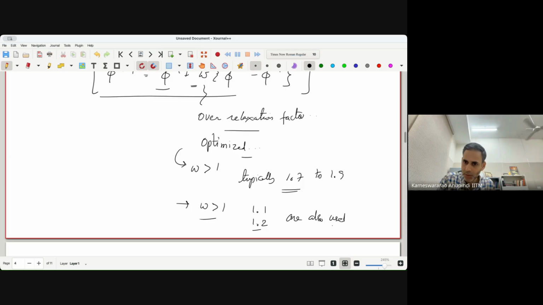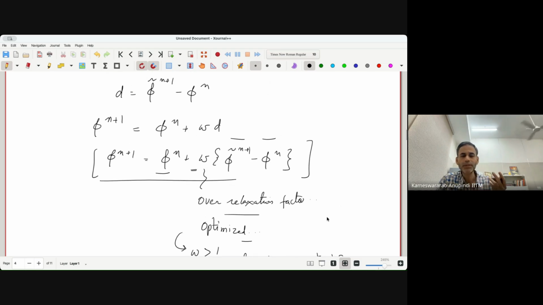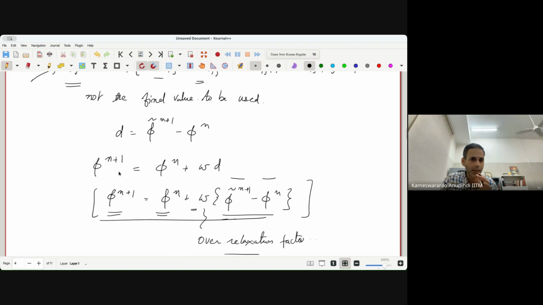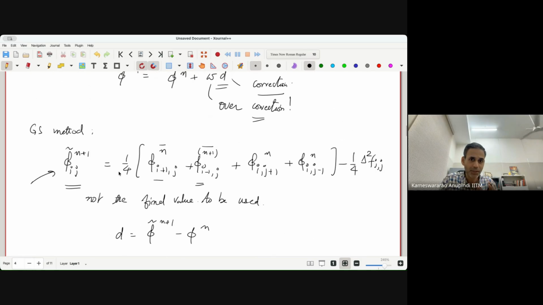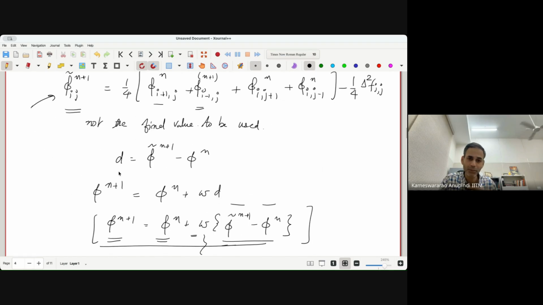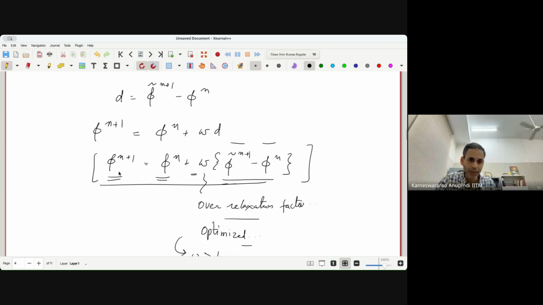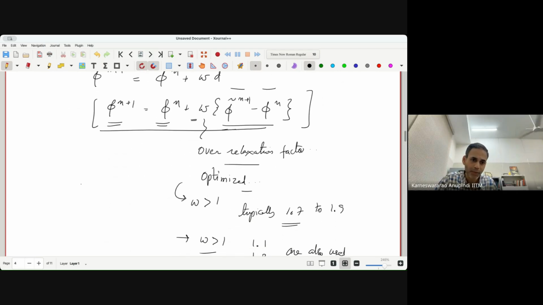So what we're saying is that if this is the correction that we are supposed to make, you correct it more. You make an over correction to the previous value, and that is your new value for phi n plus 1. This was also found kind of accidentally, and this will make the method converge much faster. Of course, in the absence of non-linearities and other things, this will probably take almost an order of magnitude fewer iterations than Gauss-Seidel.